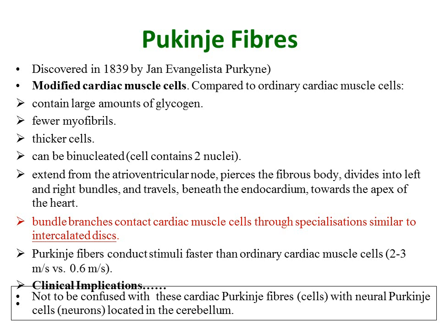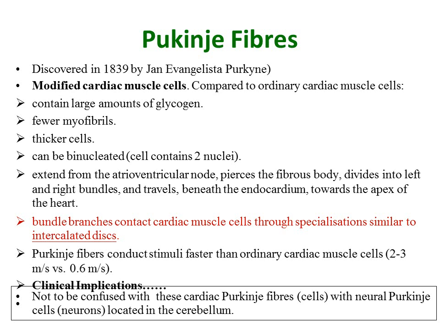So Purkinje fibers are modified cardiac muscle compared to ordinary cardiac muscle. They contain large amounts of glycogen. They have fewer myofibrils. They are thicker cells than other myocardial cells.